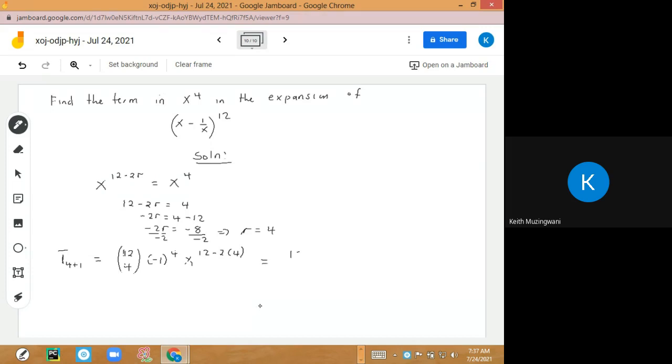This will give us 12 choose 4, and then negative 1 power 4, that is just 1. So you get x^(12 minus 8), that is x^4. You can evaluate 12 choose 4 if you have time. If you have no time, you can just leave it like that. But when numbers are small, you better calculate. Don't be lazy.